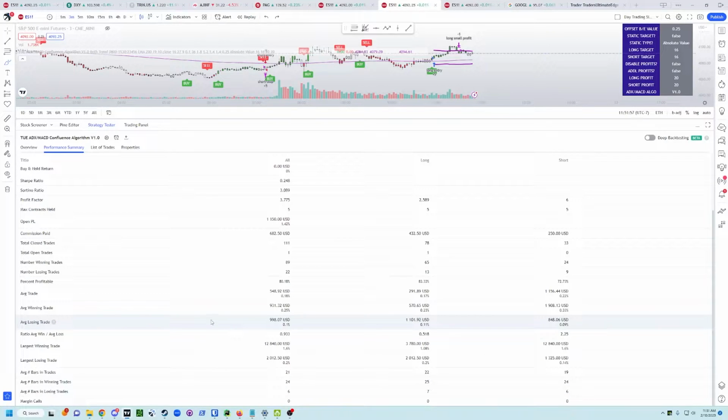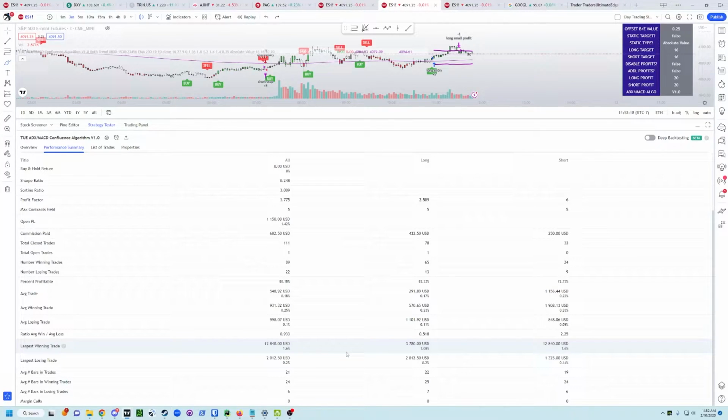Okay, very important. You can see up here we have average winning, average losing trades. Sometimes these don't look that great. Like over here on the longs, the winning trades are much lower than the losing trades, but look at the percent that I have profitable. That's how you generate the nice equity curve, and you generate the nice profit factor.